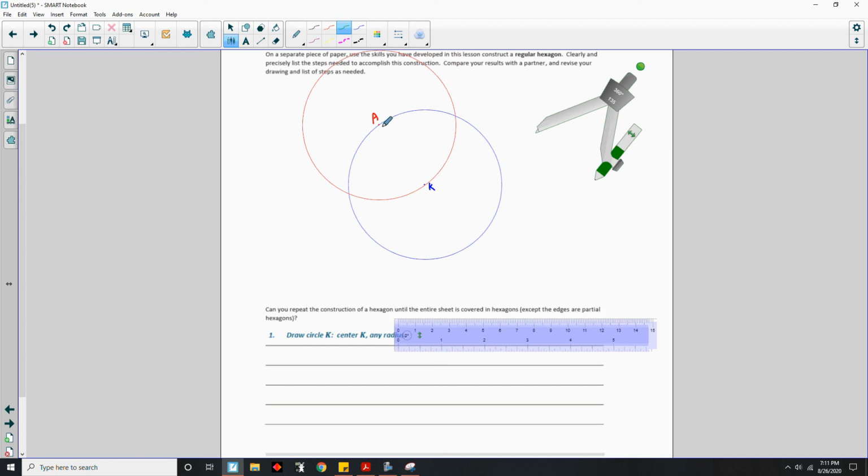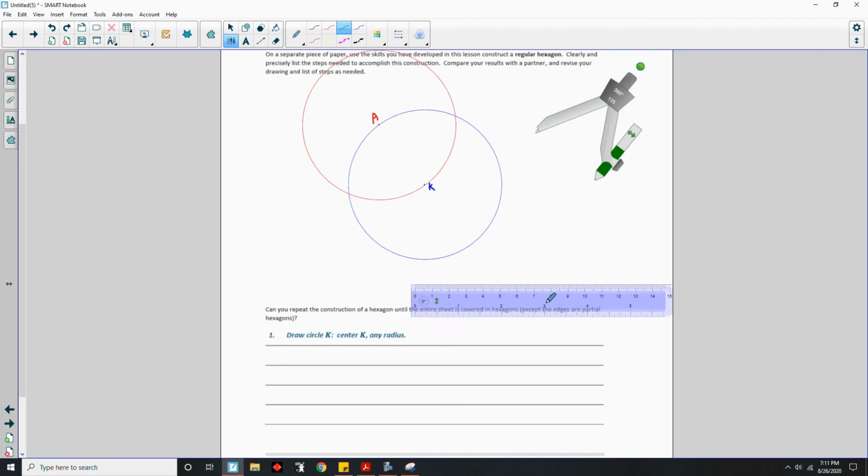Actually, I don't want to draw lines from A to K. I don't want to draw lines to the center. That's not going to be helpful. We just have to find where the next point is going to be. So what did we just do?